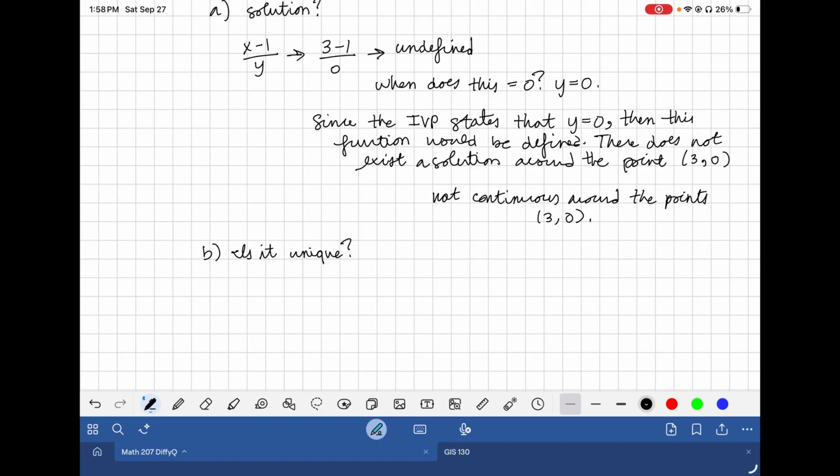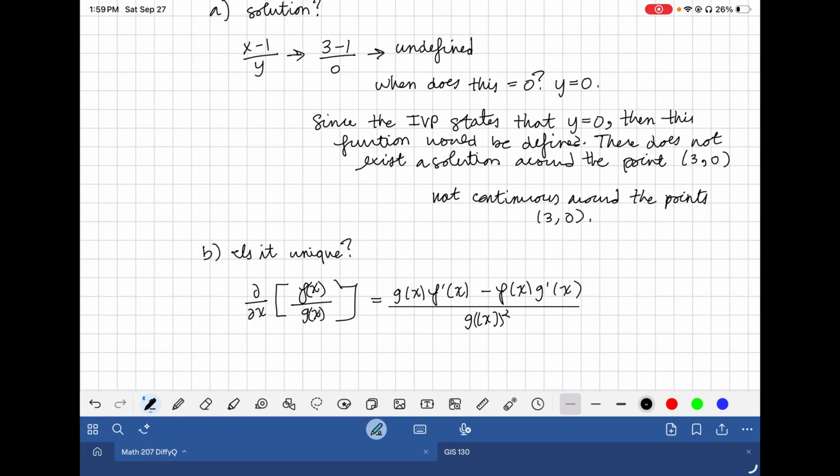And so how we use the quotient rule, that is going to be, if we have f of x over g of x, and that's going to be equal to g of x times f prime of x minus f of x times g prime of x, over g of x squared.